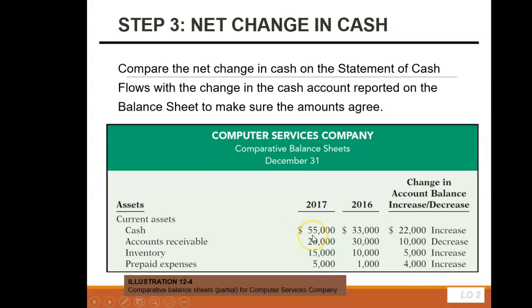The ending balance on the statement of cash flow must be the same as the ending cash balance on your balance sheet. So again, I want to reiterate, you will always have a check figure because you will know the overall change in your cash account. You will know your beginning cash balance and your ending cash balance. And you will know again overall whether there was an increase or a decrease and for how much.